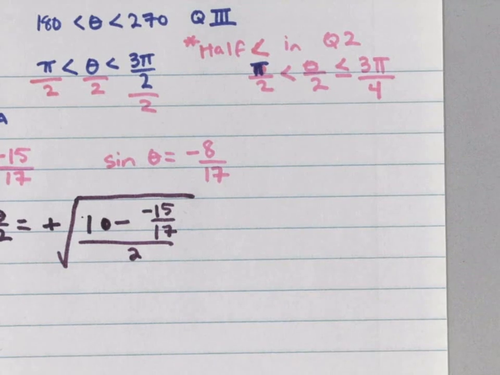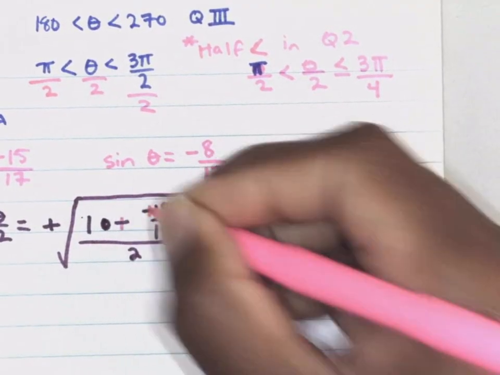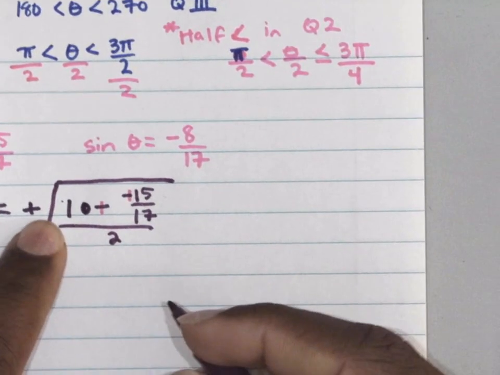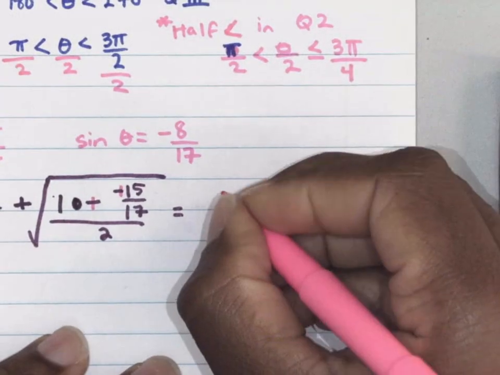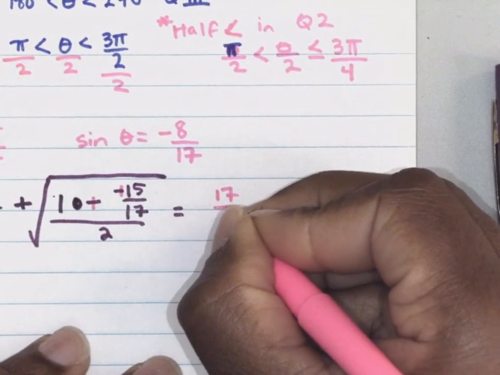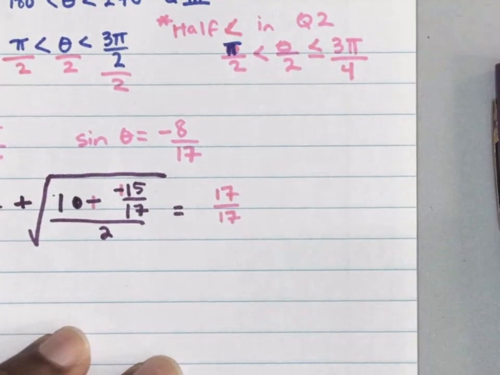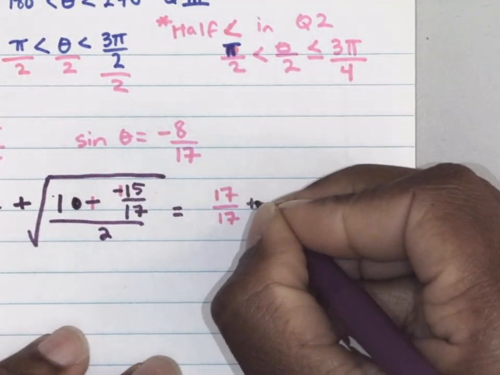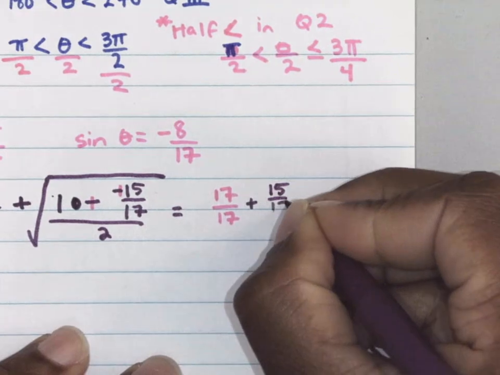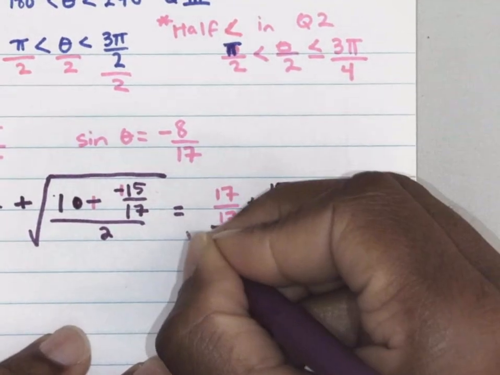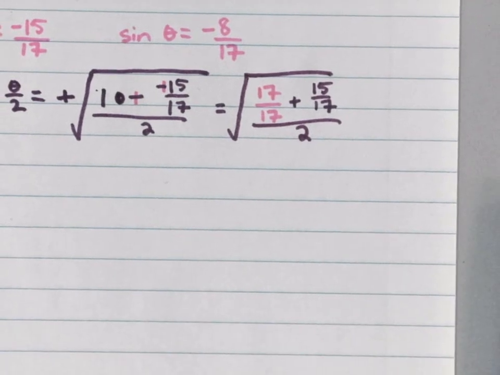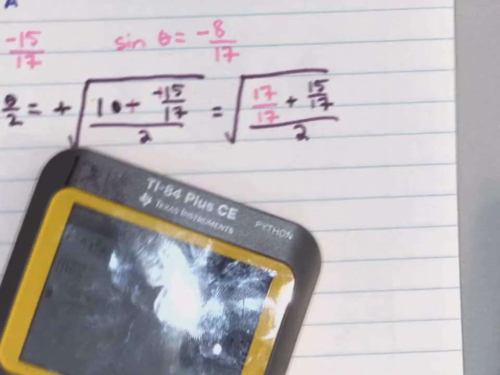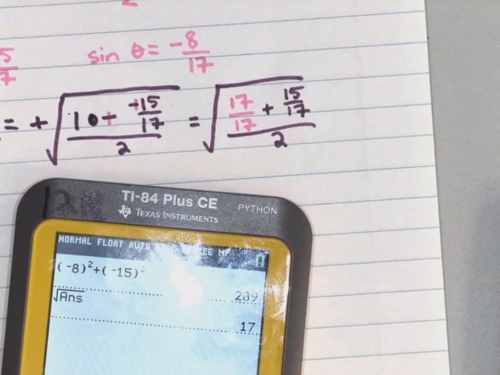So the two negatives make it positive. And then I need 1 to have a denominator of 17. So I'll rewrite 1 to be 17 over 17 plus 15 over 17, all divided by 2 inside the radical. 17 plus 15 is 29?